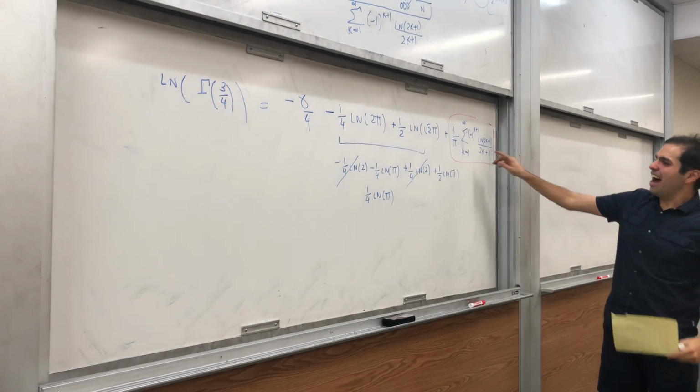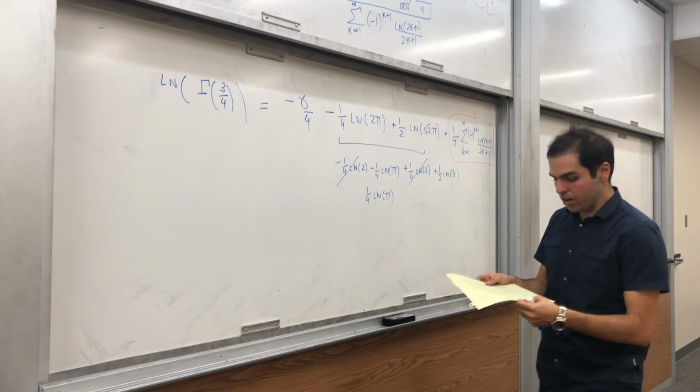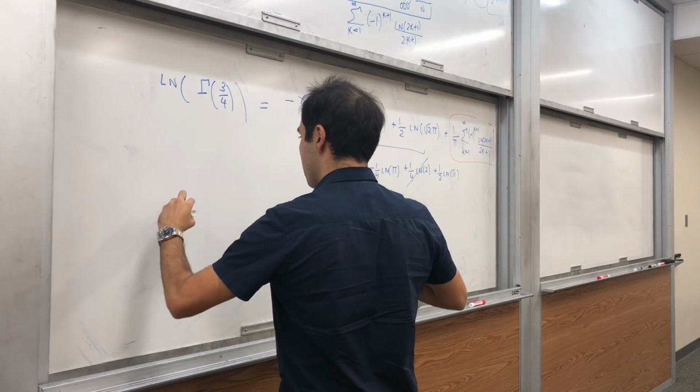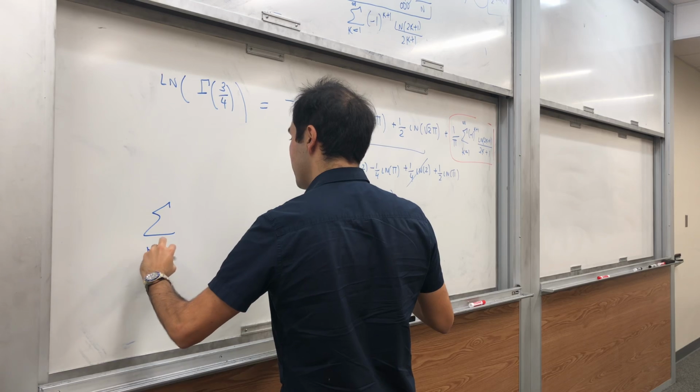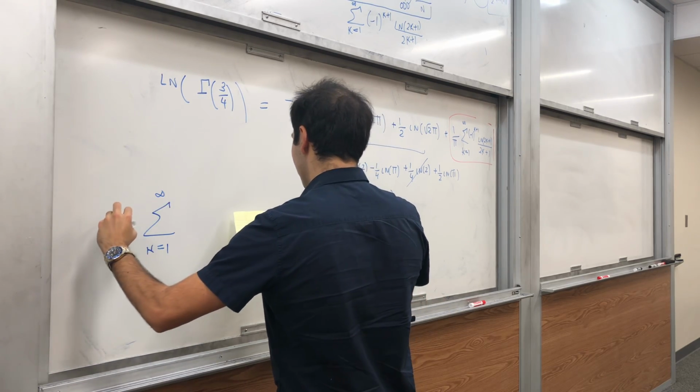So now we can solve this. We get our thing here, the sum from k equals 1 to infinity, which is what we want, by the way.